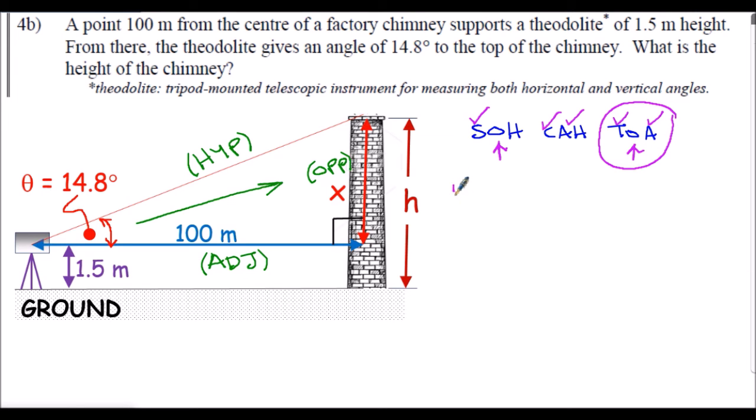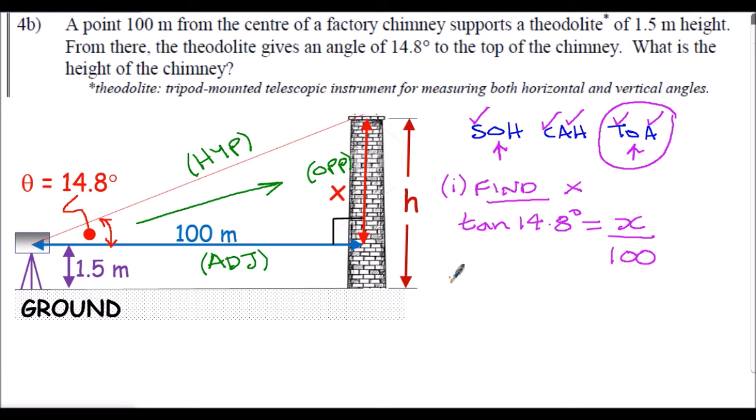So step 1, to find the dimension x, I will use my tangent function. So tan of the angle, and the angle in this case is 14.8 degrees, is equal to the opposite side, we've labelled that as x, divided by the adjacent side, and the adjacent side we're given a value of 100 meters.